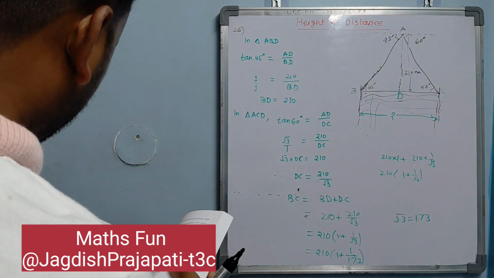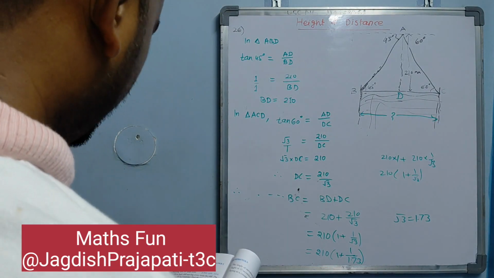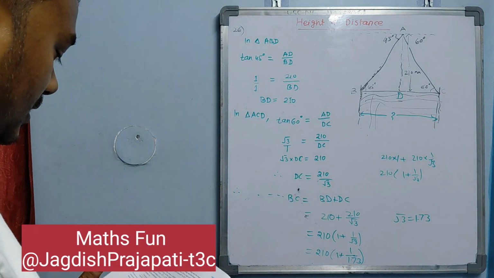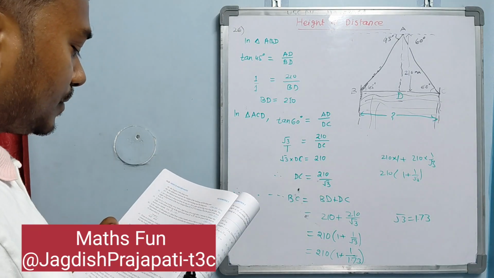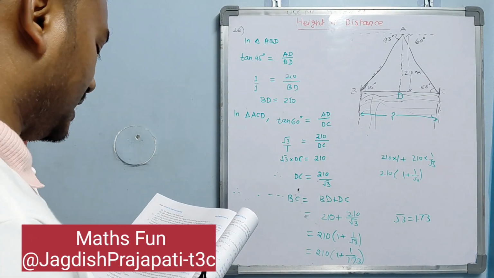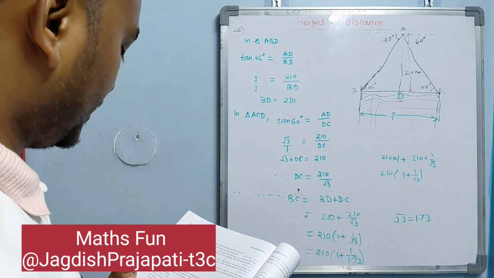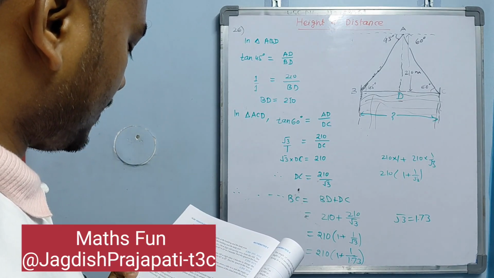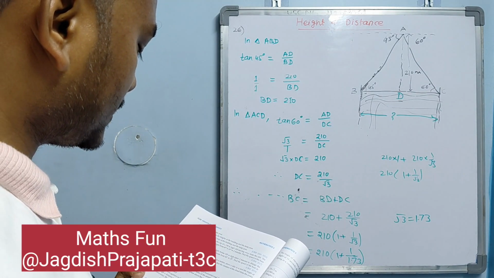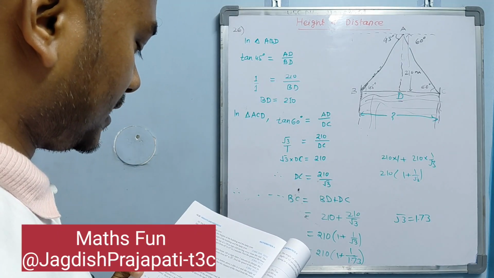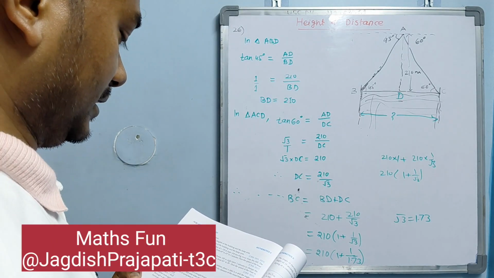Now see question 34. This is another kind of question. A moving boat is observed from the top of a 150-meter high cliff, moving away from the cliff. The angle of depression of the boat changes from 60 degrees to 45 degrees in 2 minutes.